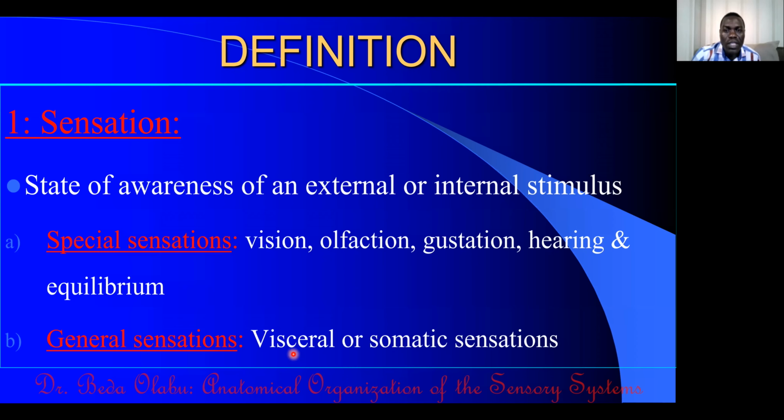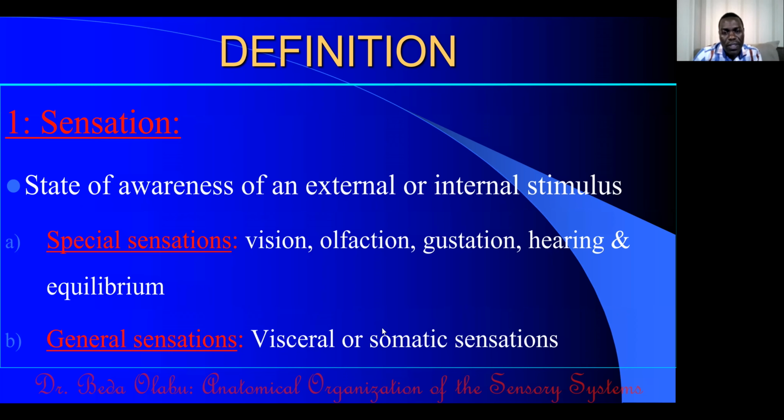Visceral sensations include things like stretch. You know, when you've eaten and you've taken a lot of githeri, your stomach is distended. So that one, that stretch. Could also be blood pressure sensation. Those are visceral sensations. It could also be visceral pain. Pain can be visceral or somatic. So sensations which are detected from internal organs are visceral sensations.